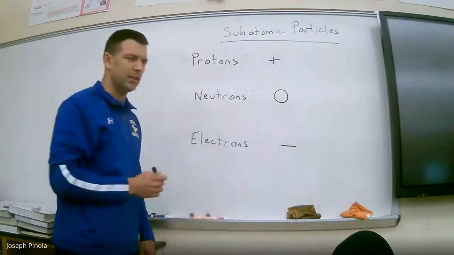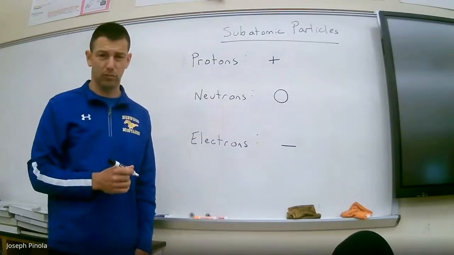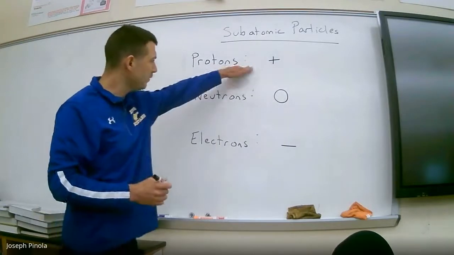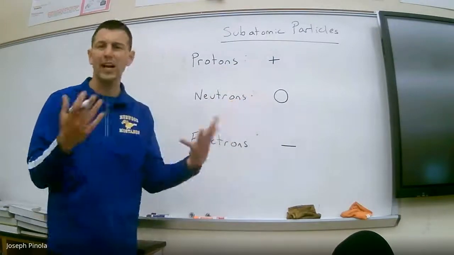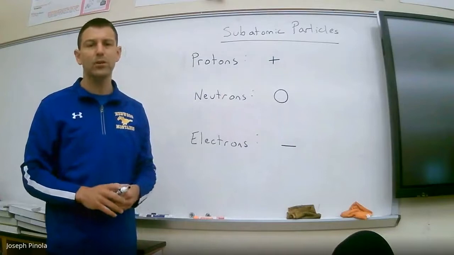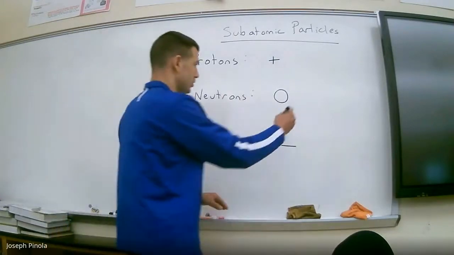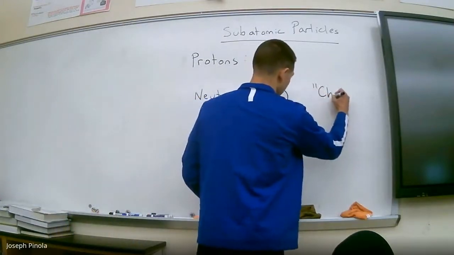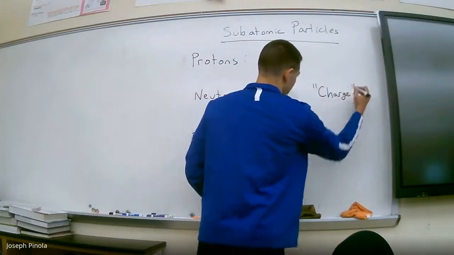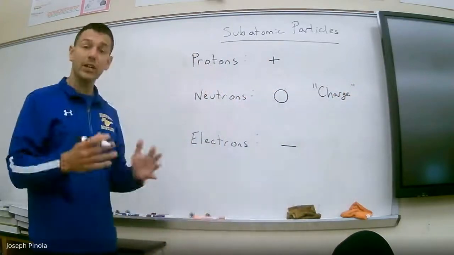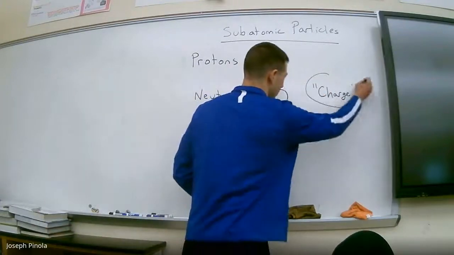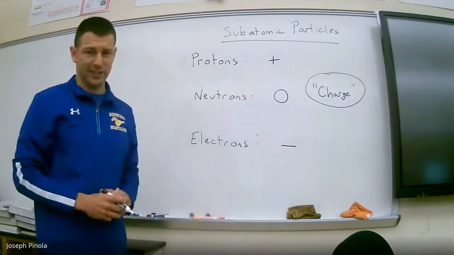And I'm going to write the number 0 to represent neutral. But positive, negative, and neutral what? Well, we're talking about something that is called charge. And the concept of charge is kind of a mystery to scientists.